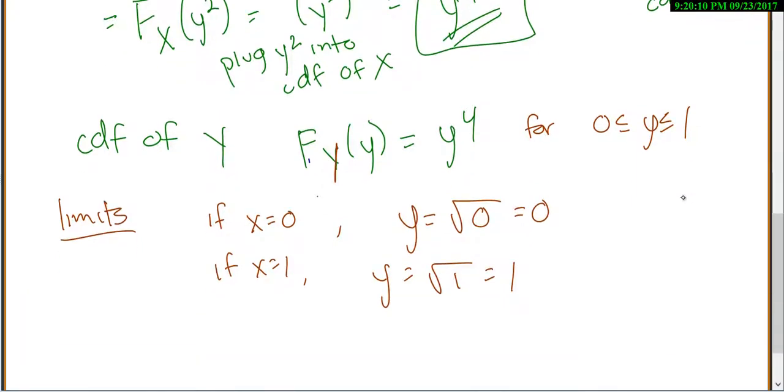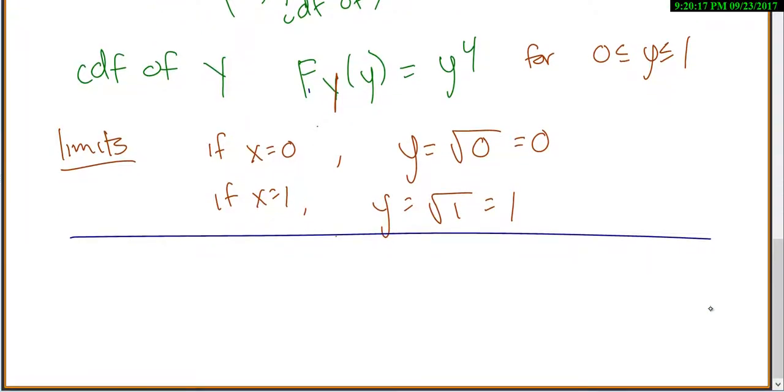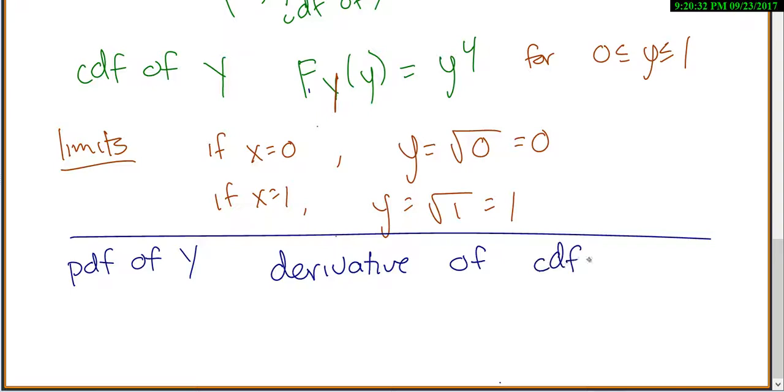Now this still isn't actually what they wanted me to find. The solutions manual makes it seem so short and concise, right? Okay, so what they wanted me to find is the PDF of y. Well, we have the CDF, so we'll take the derivative of the CDF.